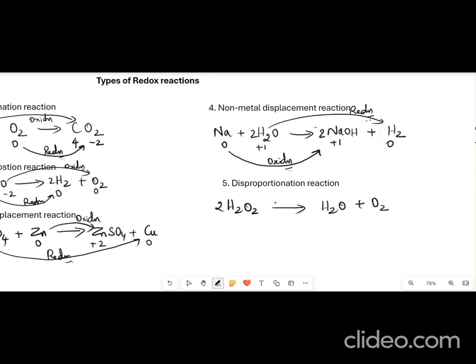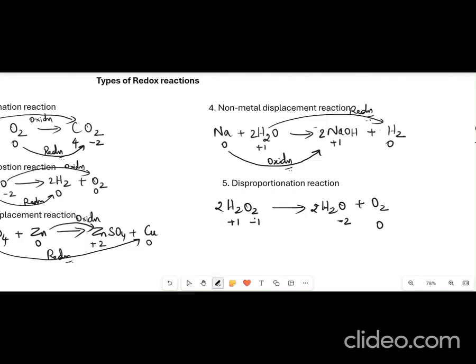So in this case, if you observe, in both the products we have oxygen. So the oxidation state of oxygen here is 0 and here it is -2. So here for hydrogen +1 and oxygen it is -1. So here also hydrogen +1, no change in hydrogen.